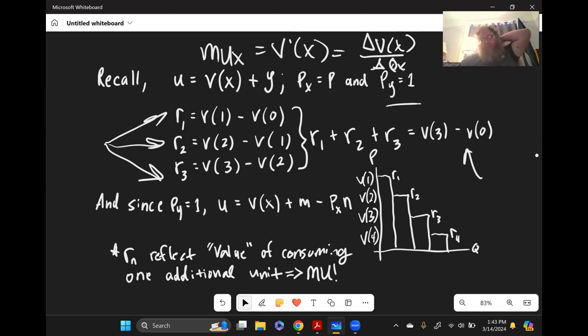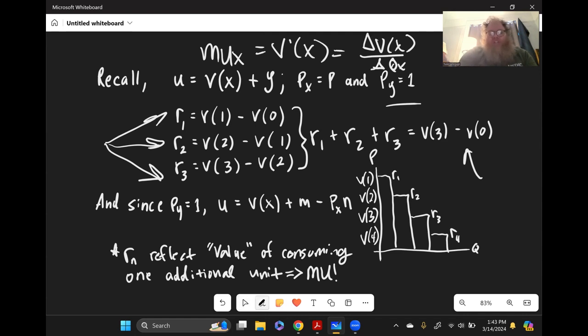And so what that means is that these reservation prices are simply equal to the marginal utility of this particular utility function, because you'll notice that R1 is just the difference between the value I get from consuming 1 unit versus the value I got from consuming 0 units.